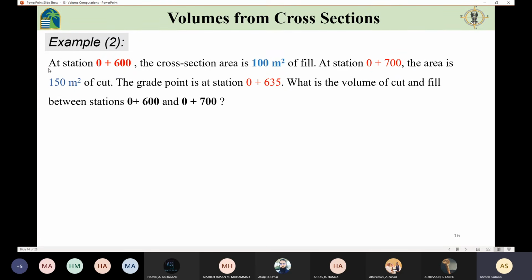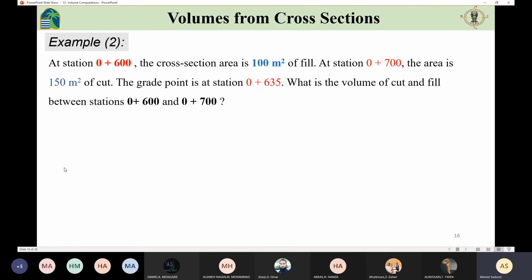So at this station here, we started with a fill. And at station 0 plus 700, the area is 150 of a cut. So we started with the area of a fill and we end up with the area of a cut.